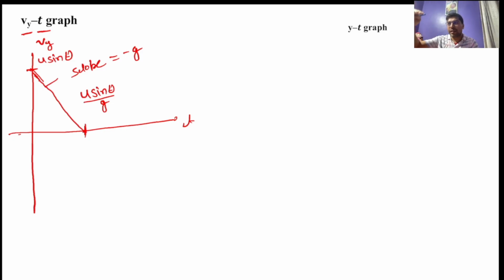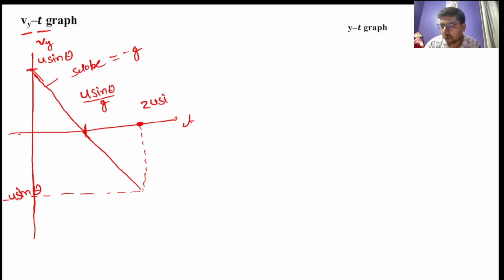At maximum height the velocity becomes 0. Again it starts increasing in the reverse direction, so the velocity continues increasing in the negative direction, till minus u sine theta. This happens at the total time of flight, 2u sine theta by g.